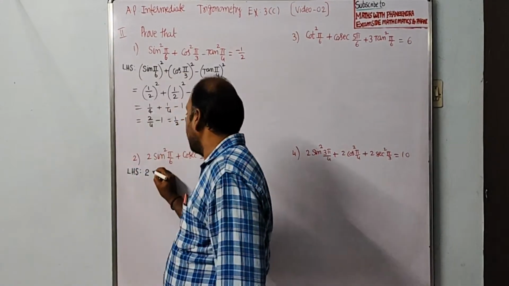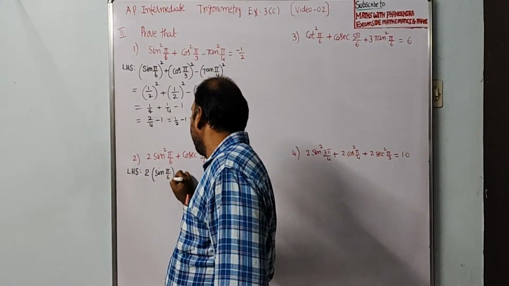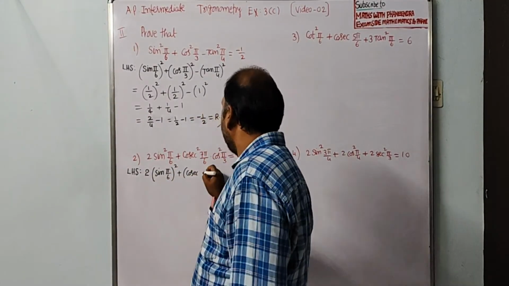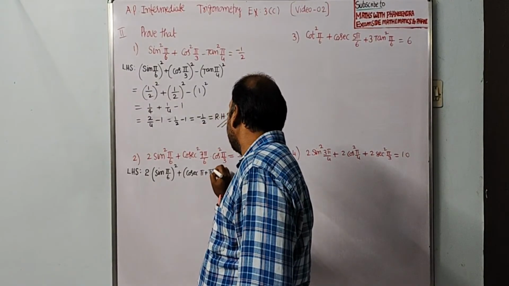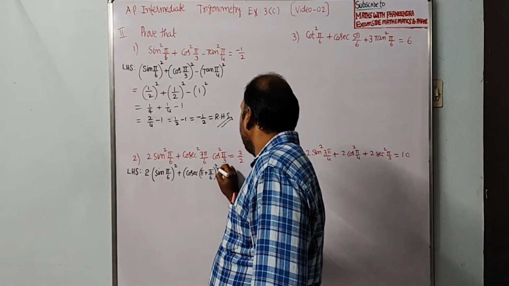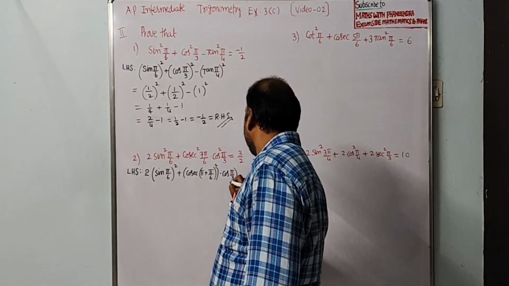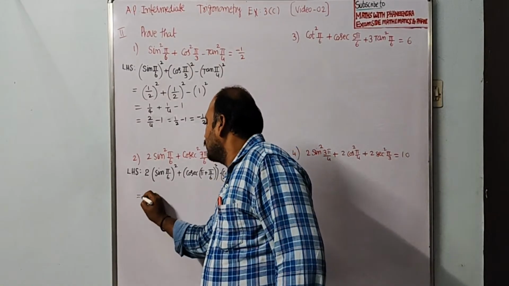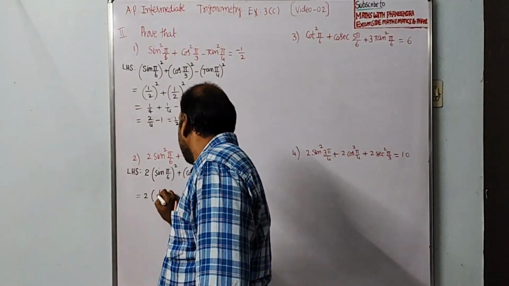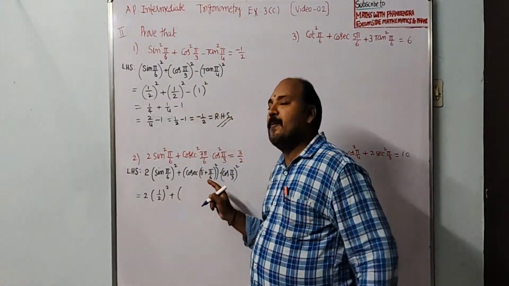2 into sine square pi by 6, that means sine pi by 6 whole square, plus cosecant 7 pi by 6 can be written as pi plus pi by 6 whole square, into cos pi by 3 whole square. So 2 into sine pi by 6, sine 30, 1 by 2 whole square plus cosecant of pi plus.